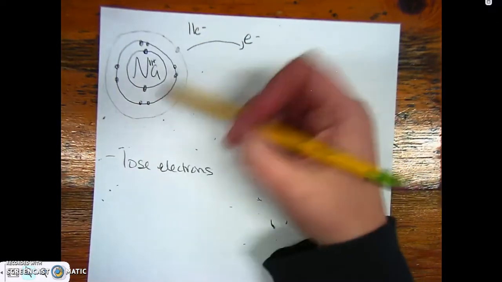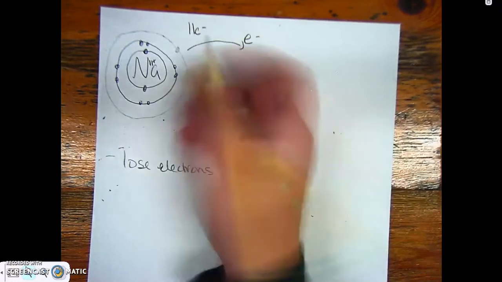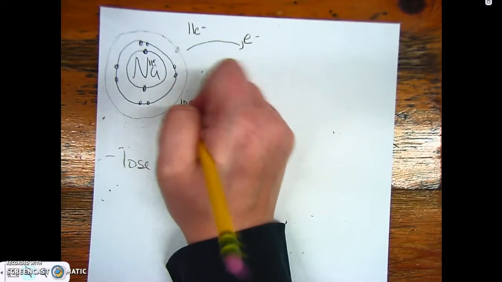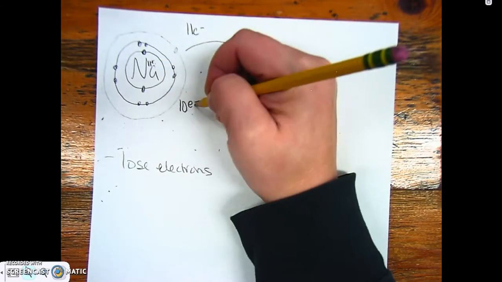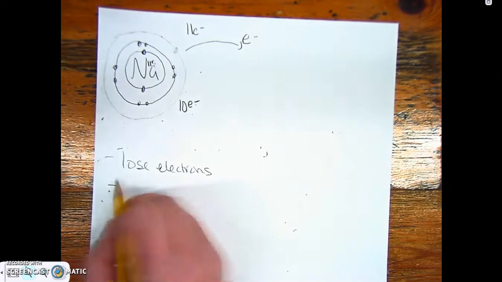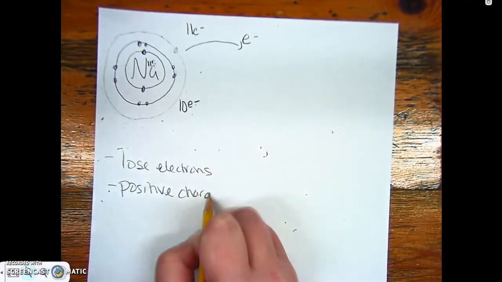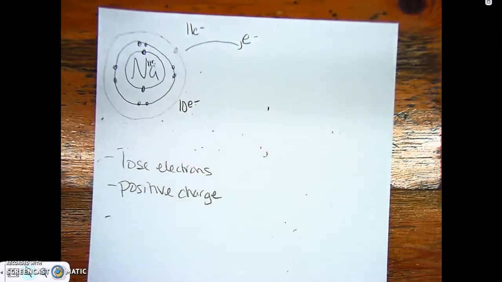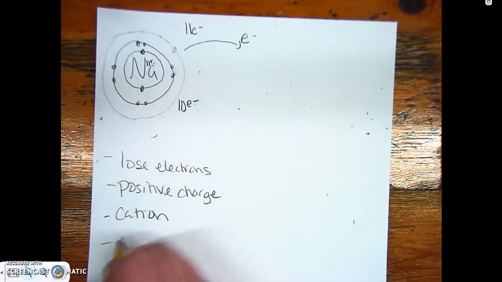Here is the ion for sodium that has 1 less electron, so now it only has 10 electrons. If you have 11 protons and 10 electrons, that means you have 1 more proton, so you're going to be positively charged. We call an atom that forms a positively charged ion a cation. And remember, these are all metals.